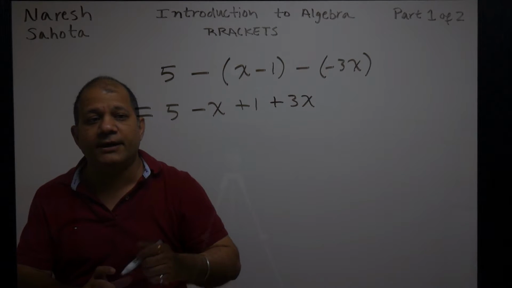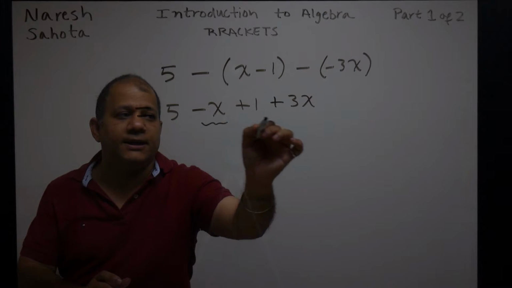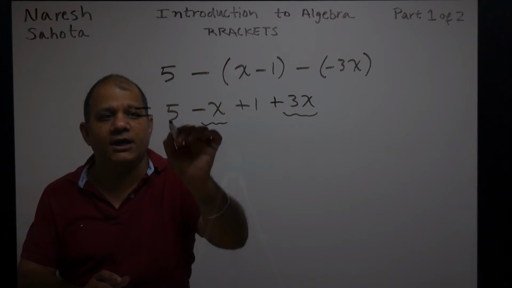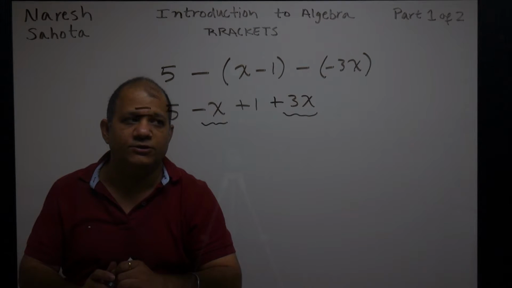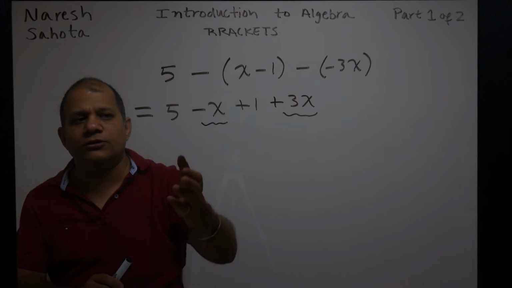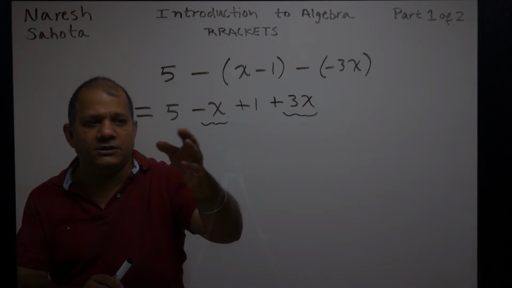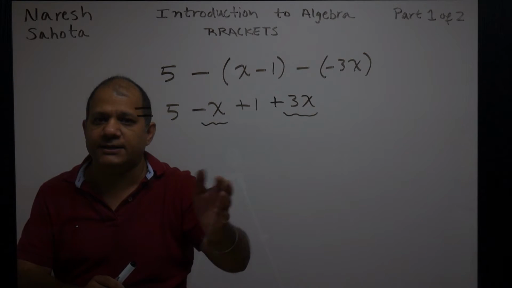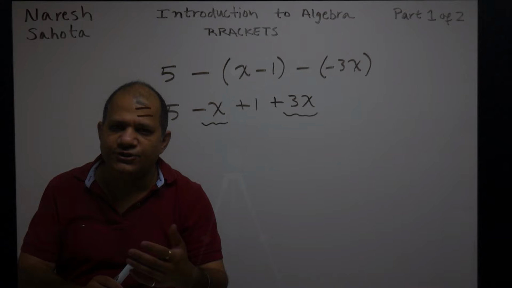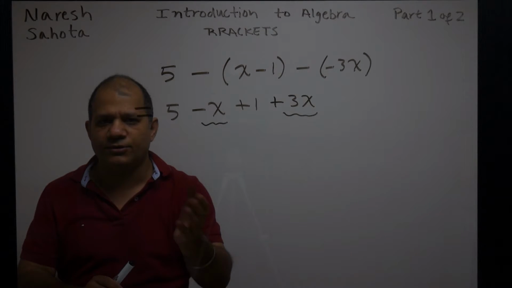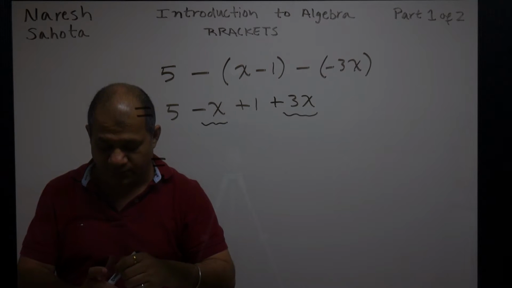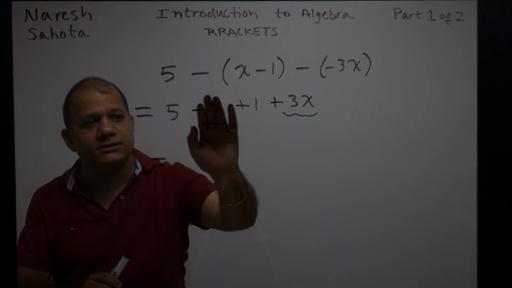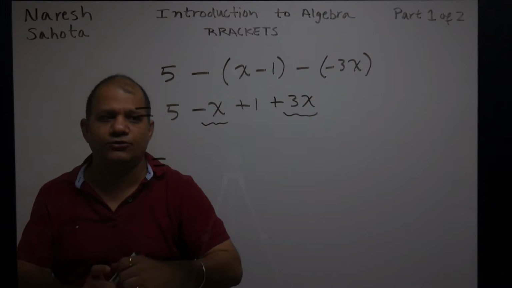So now, are there any like terms? Yes, we have x terms, and then we have the constants. So let's collect the x terms first. You could collect the constants first and then the x. It really makes no difference, but we like to write the variable terms first. So that's why I'm going to collect the variable terms first. So 3x, take away 1x is 2x.